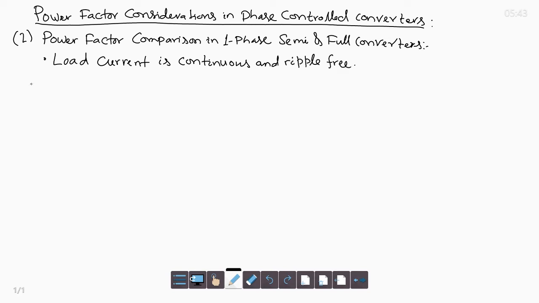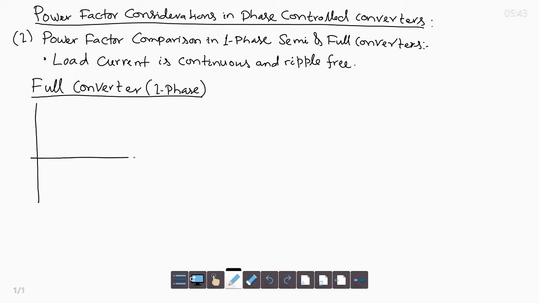For a full converter, of course we are discussing the single phase full converter, the waveforms will be drawn against omega t. This is supply voltage Vs. Load current is continuous and ripple free. Let us assume it is Ia.